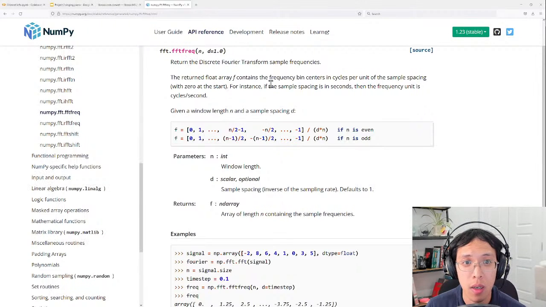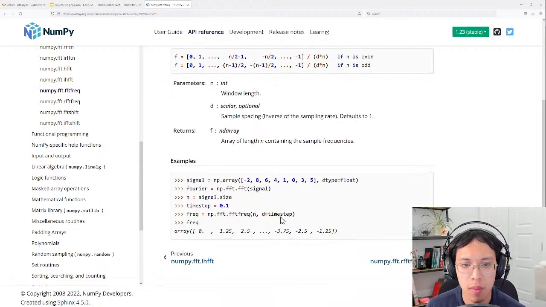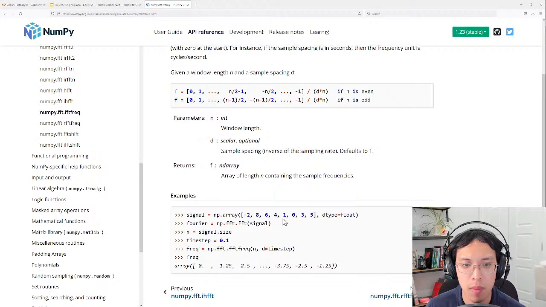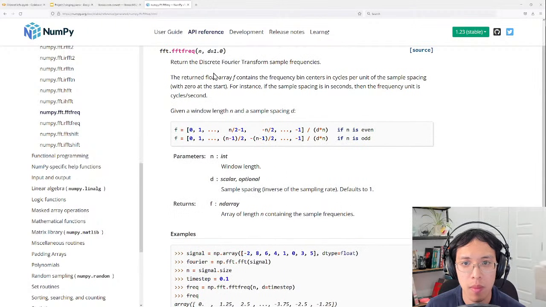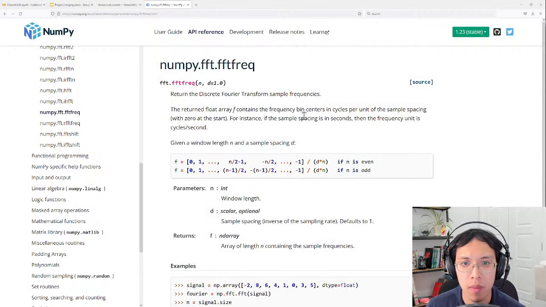Okay, so we have... It's interesting that 0 starts, because it's saying these are frequency bin centers, but if 0 is the center of a bin, you don't have negative frequencies, right? So that's a little weird.